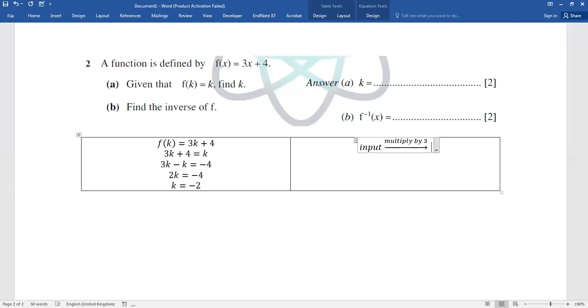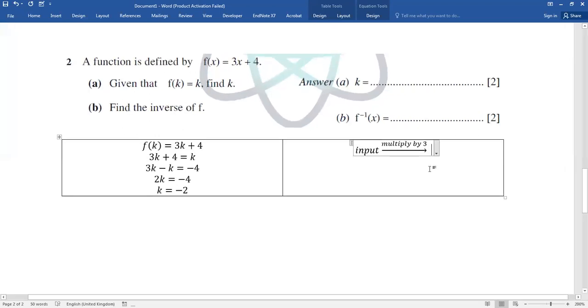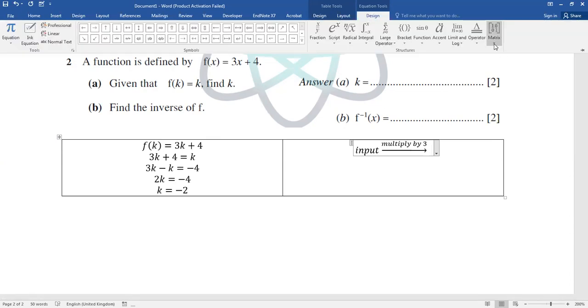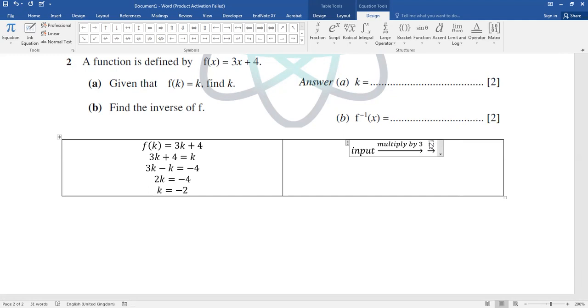Okay. Now let's try to understand the concept of inverse before actually finding out the inverse. When I input anything in this function, what sequence of operations do I go through? Let's write it down for a minute. When I give an input, my input is first multiplied by 3 and then 4 is added.